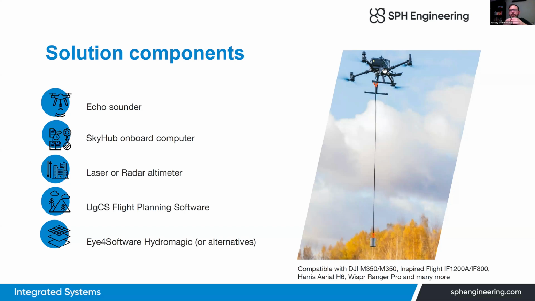We need the onboard computer to log the data coming from the echo sounder, and also for DJI drones we implemented what we call true terrain following, the capability to keep a predefined, precise altitude over the water in bathymetric surveys. To implement that, we use a laser or radar altimeter. Here is the radar altimeter.